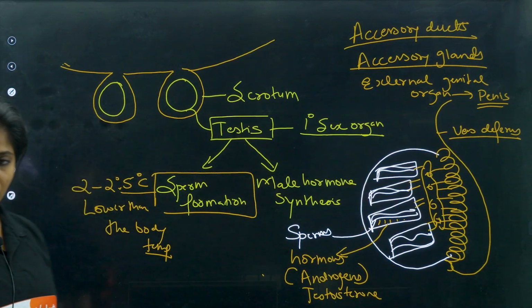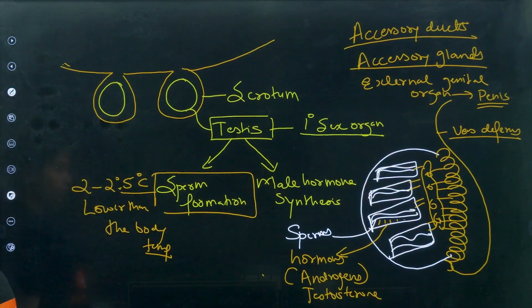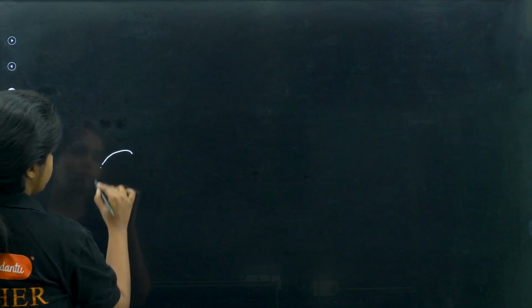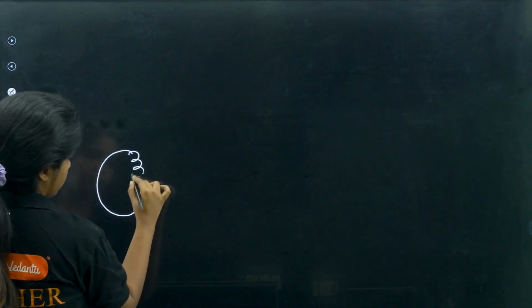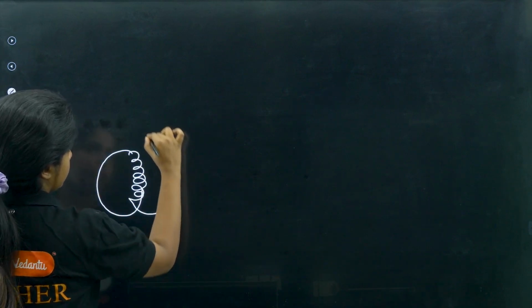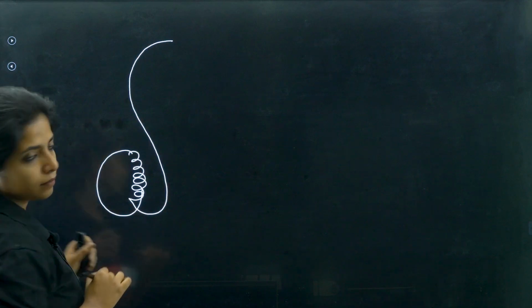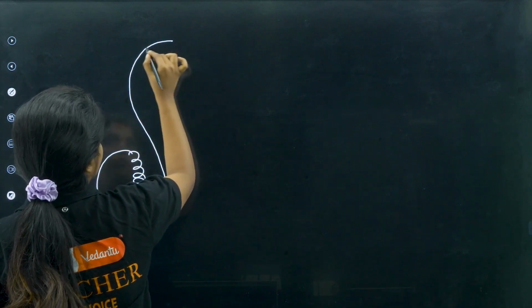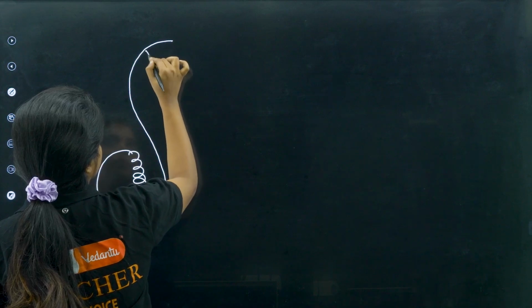You take a screenshot and then I'll go ahead. The vas deferens, where is it going? Let's see that. So over here, the testis which is there, you would be having your urinary bladder somewhere up over here.